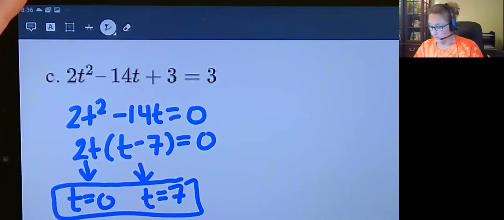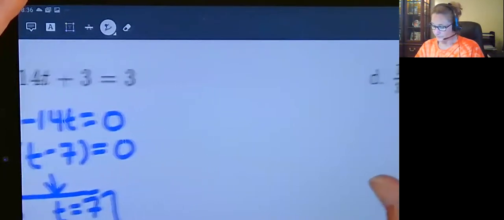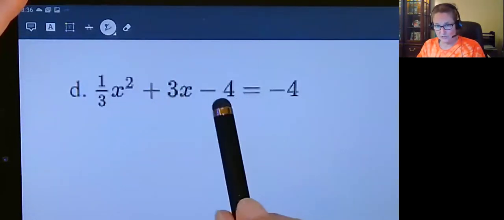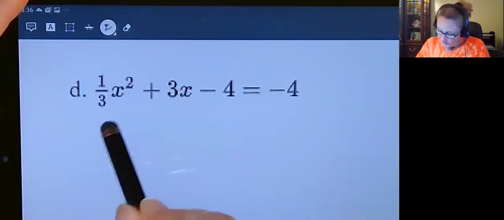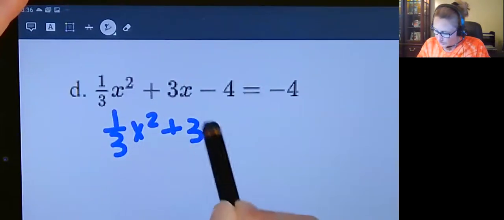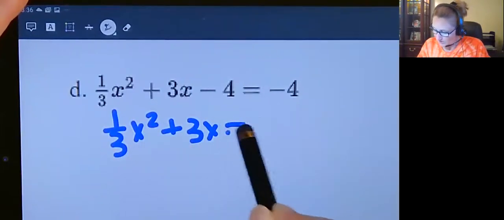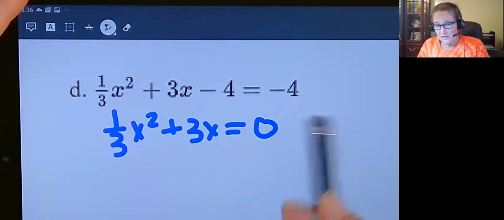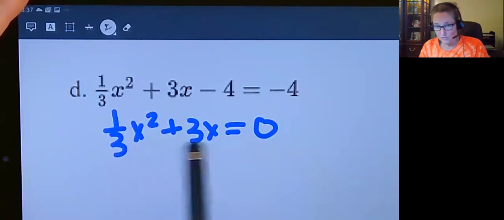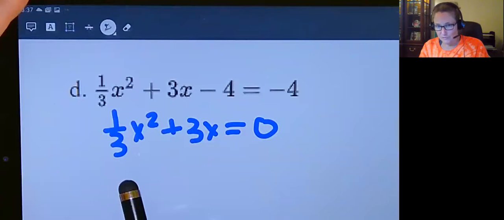Now on letter D, the first thing I'm going to do is add 4 to both sides. So I'm going to get 1/3 x squared plus 3x equals 0. Now this is going to be like all the other problems, and I can factor out a 1/3, but that might give some people some difficulty.